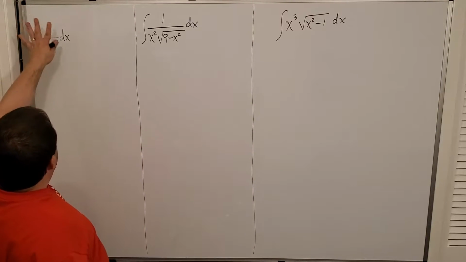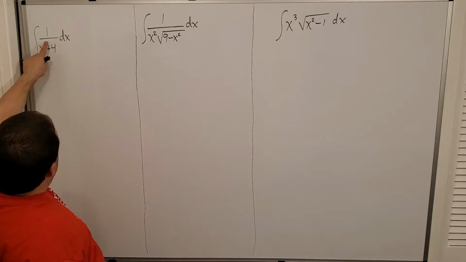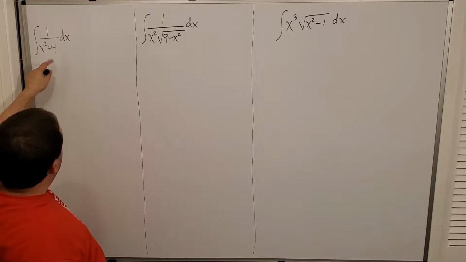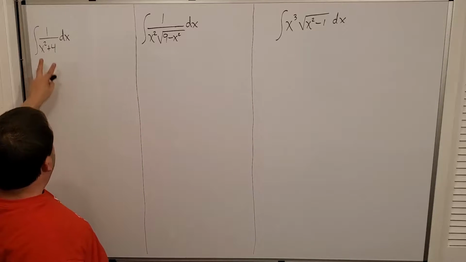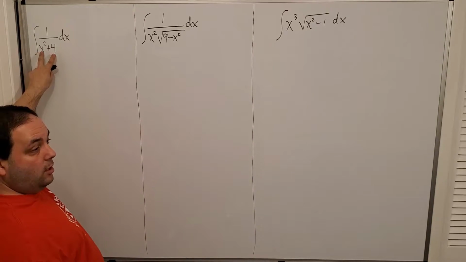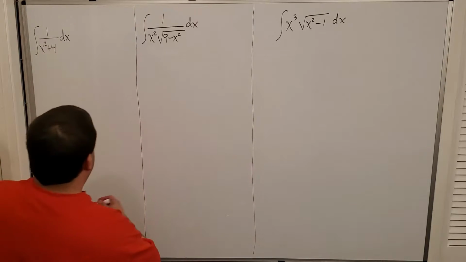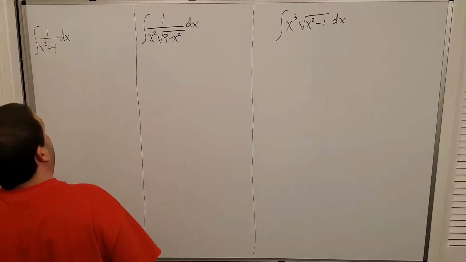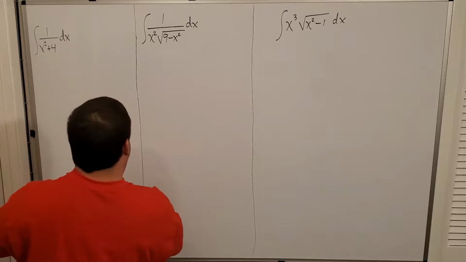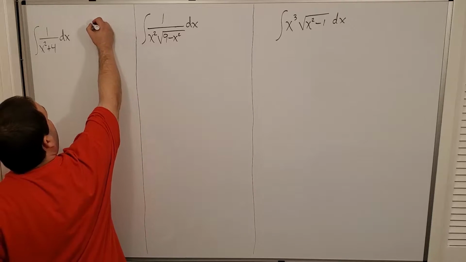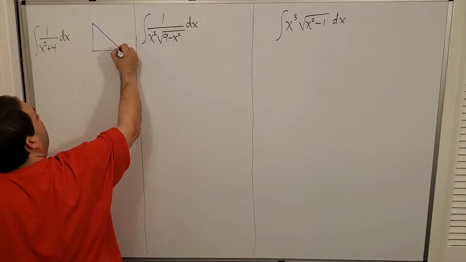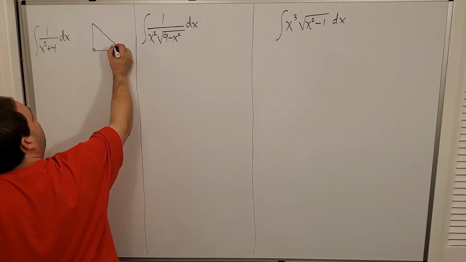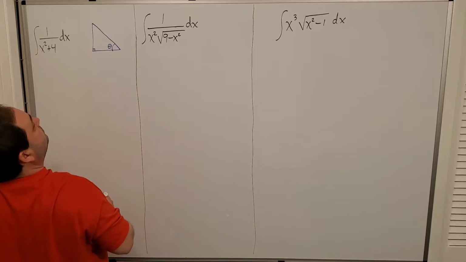So I approach the integral and I notice the binomial x squared plus 4. That right there sets off a big red flag. Hey, let's try trig substitution, because I see the sum of squares there. So immediately I realize, since those 2 are added, I'm going to set up a right triangle with an angle theta.